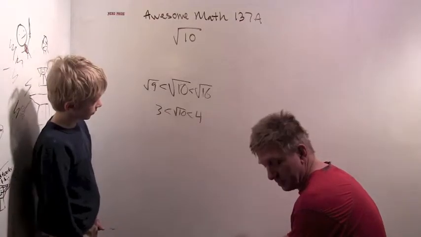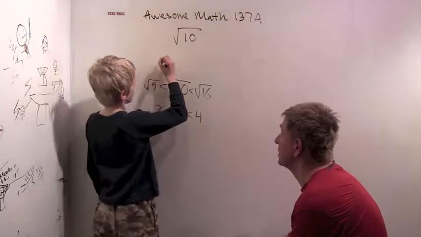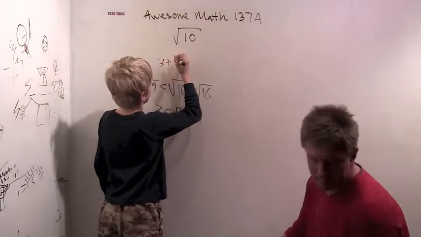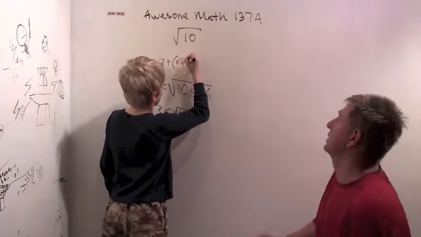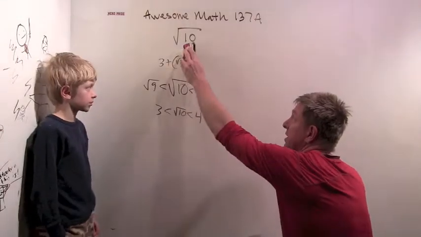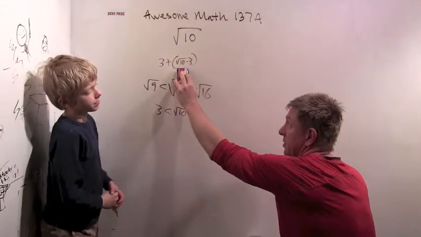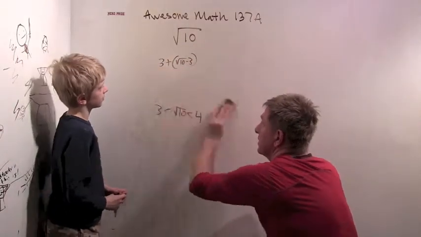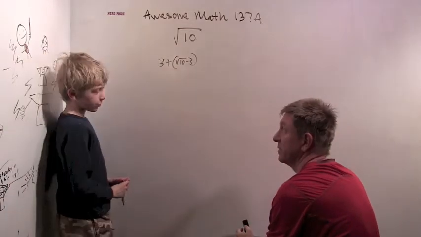So what's the integer part? The integer part is 3, so we can write the square root of 10 as 3 plus the square root of 10 minus 3. All right? And then we have to flip.